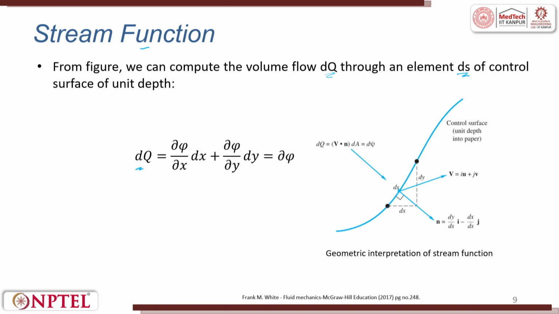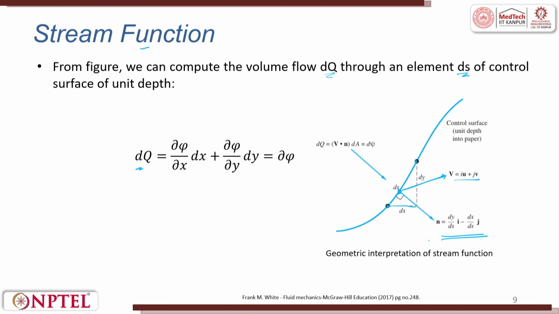Okay. So, here you can see the element which is here. The displacement in x, y is here ds, and this has a velocity vector v equal to iu plus jv. So, this is the velocity vector for this. If you extend it, n is equal to dy by ds i minus dx by ds j.